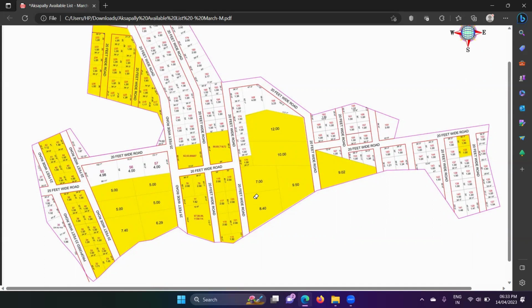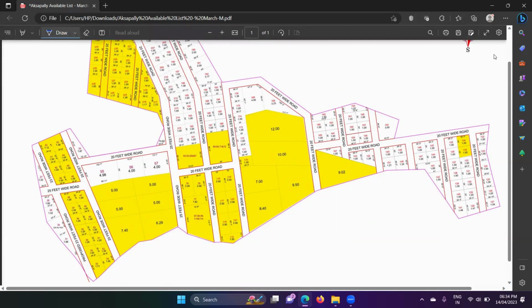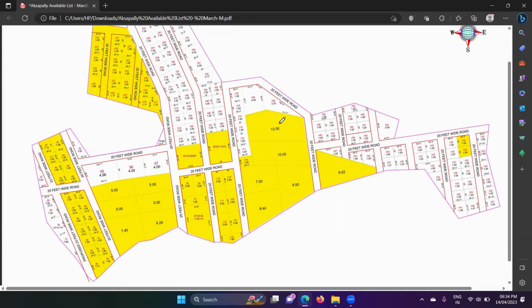So we see such irregular shapes. Let me make it clear that these plots are not made as per their desire. This is how it actually develops based upon the availability, and the surveyor also tries to give the maximum space in the plots, as well as accommodate the paths.